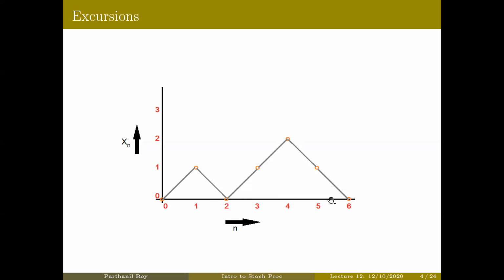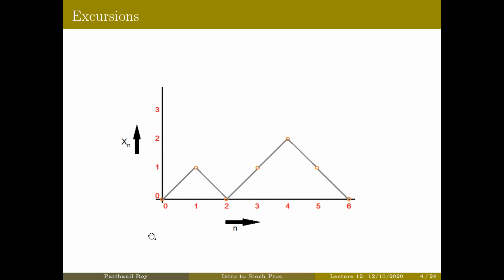So this is the graphical representation of a Markov chain. In this case, just think of it as a simple random walk with reflecting barriers, so once it comes back at 0, the next step has to be 1. Anyway, any Markov chain will do as long as you understand this is how it is represented: this is the time axis, this is the position or space axis.